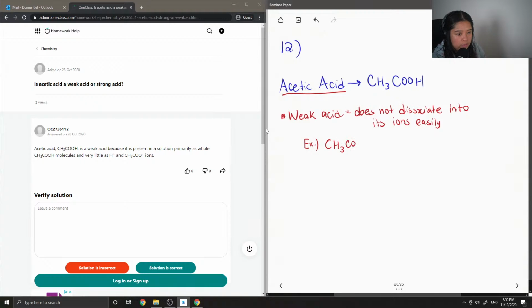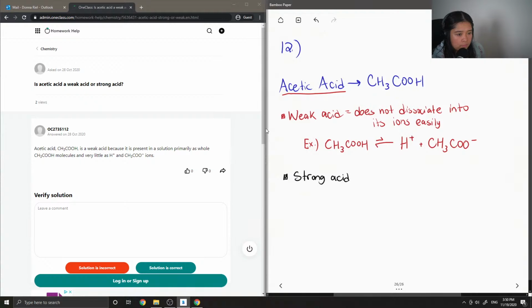So I'm going to show this, and then I'll also show that it is less likely for the acetic acid to dissociate into its ions, which is H plus and CH3COO minus. On the other hand, we can have a strong acid.